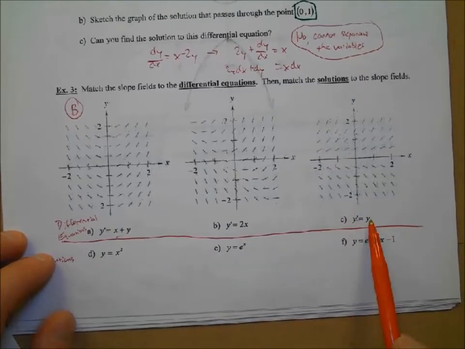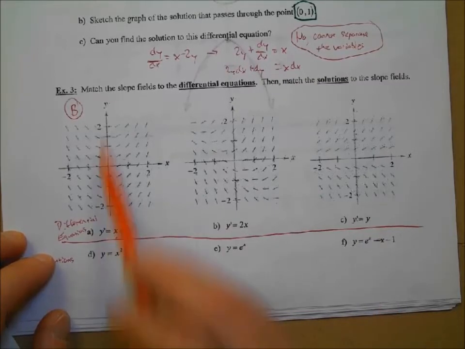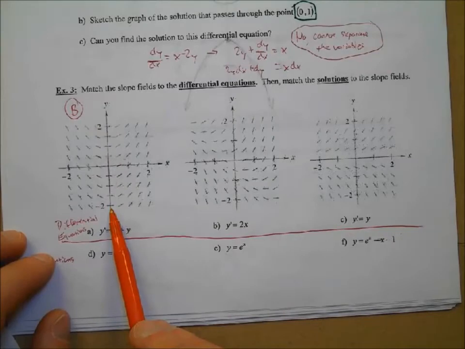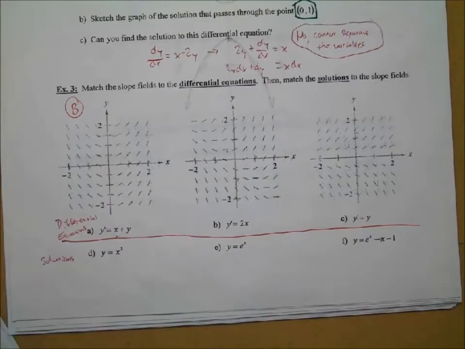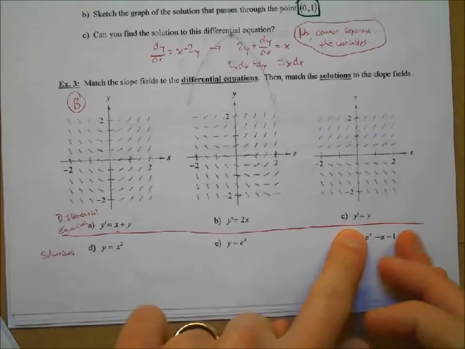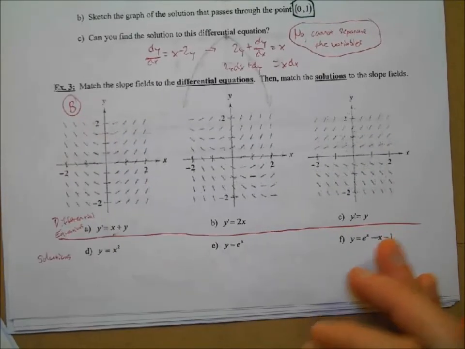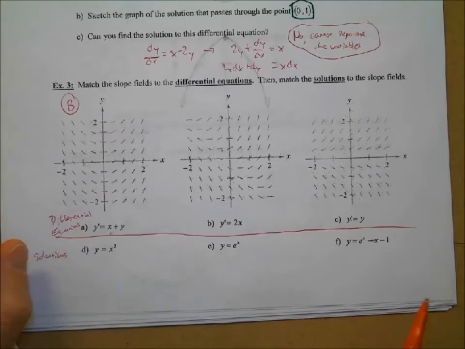Here, it doesn't depend on my x-coordinate at all. It just depends on the y-coordinate. And again, the y-coordinate is changing here, but the slopes don't change, right? So it wouldn't be C. It's going to be B. So one clue or tip I give you here is look for 0 slopes and see which differential equation would result in 0 slopes at those particular locations, or seemingly 0 slopes and stuff like that.